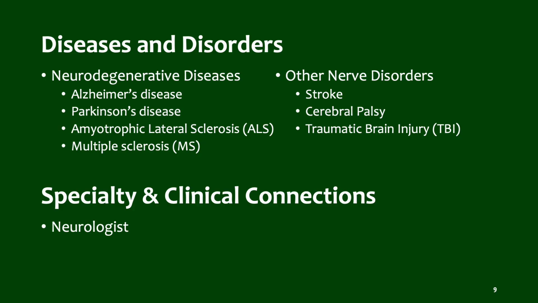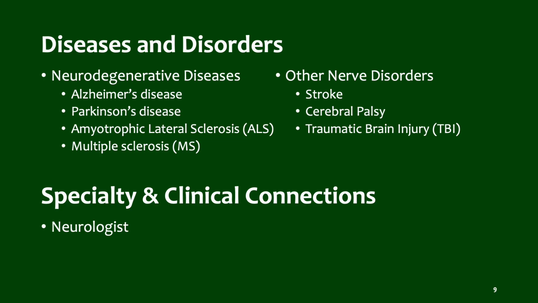I think you probably have heard of a lot of these common diseases and disorders related to the nervous system. A huge chunk of related diseases and disorders is neurodegenerative diseases. So Alzheimer's disease, Parkinson's disease, ALS, multiple sclerosis, or MS. These are not super common, but I think it's common enough that we've been hearing about those on the news and in many TV shows and movies.